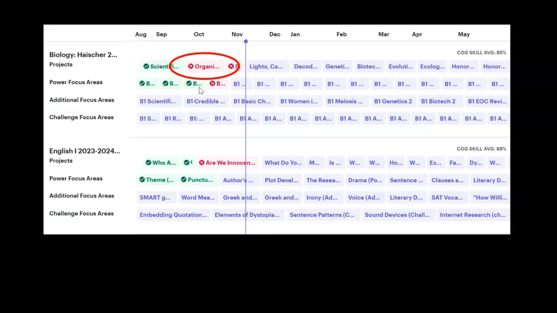Now, this example doesn't show any yellow, but I do want to talk about that. If this unit was yellow, that would mean that the student has either missing work or a very low grade on one of their assignments. So whether it is yellow or red, it indicates that the student needs to go back and either fix an assignment or complete a missing assignment.